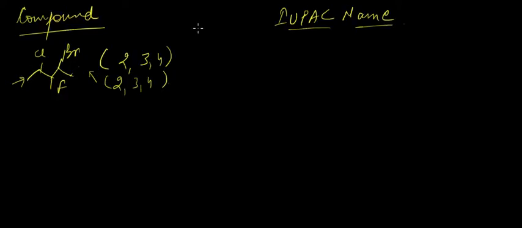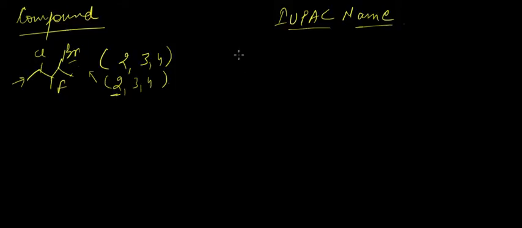This is a conflict case where the chain is the same, and we have substituents attached to the same carbon number, even if we go from one side or the other. So in this case, we'll look into the alphabetical order of the first letter of the substituents. Bromo comes first in alphabetical order, so we'll choose bromo for our second carbon.